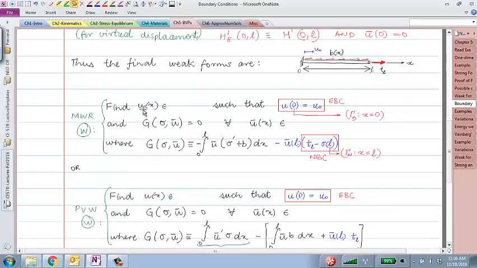So we are still finding displacement, which for the MWR form has to be in H2, 0 to L, such that u0, the real displacement, has to meet the essential boundary condition, and that function has to go to 0 for all u bar in what space?